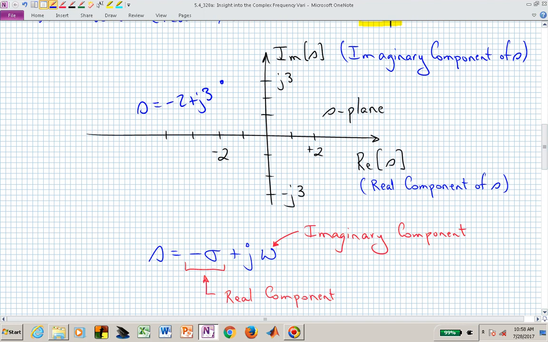Many times we will break s down into its rectangular form, a real component and an imaginary component, and those are orthogonal, and that's what that j is. j in this expression is the square root of minus 1.